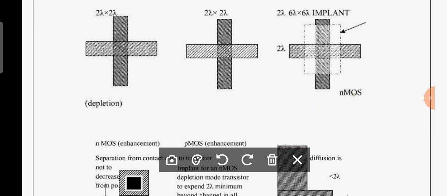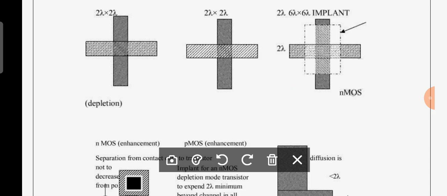You can observe this one. This is an implant. If there is an implant, then it is a depletion mode transistor. If the diffusion is p-type, it is a depletion mode PMOS transistor. If the diffusion is n-type, it is a depletion mode NMOS transistor. Is it understood? Now we will get back to the rules.